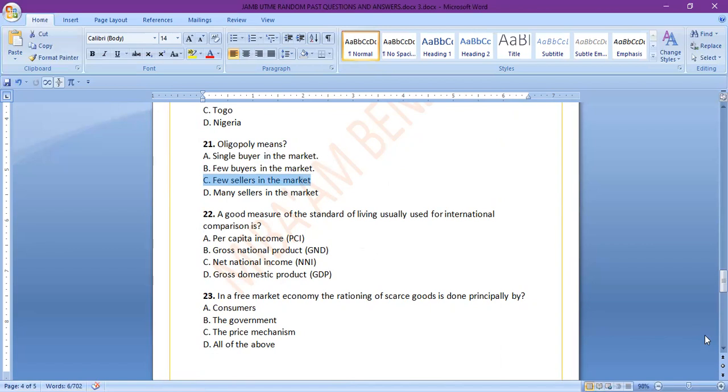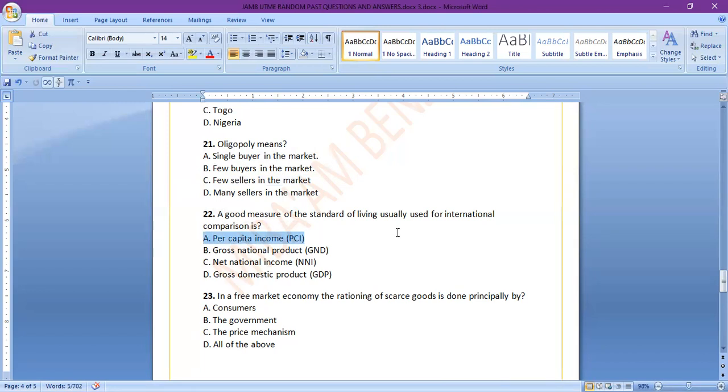Number 22, a good measure of the standard of living usually used for international comparison is A, per capita income, B, gross national product, C, net national income, D, gross domestic product. So, when we're talking about international comparison, living standard, then we have to look at the per capita income, because that is what determines the living standard of individuals in an economy or in a country.